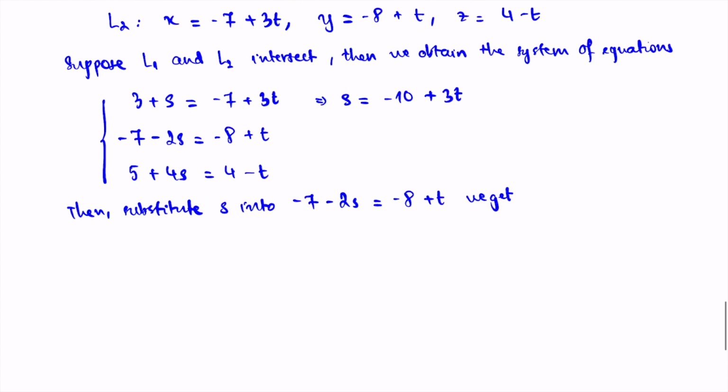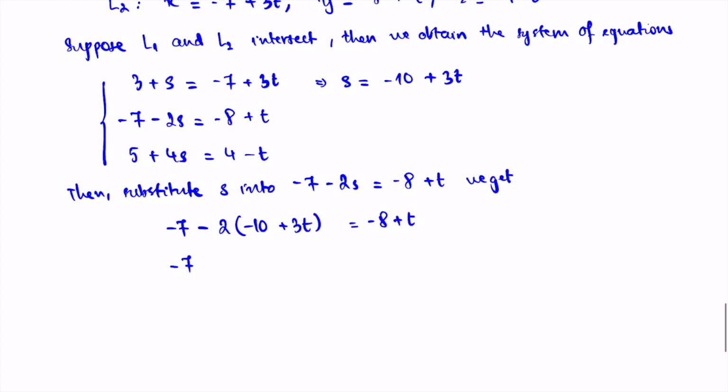We get negative 7 minus 2 times (negative 10 plus 3t) equal to negative 8 plus t. From here, you can solve for t. So I get negative 7 plus 20 minus 6t equal to negative 8 plus t. If you solve the equation correctly, you should get t equal to 3.